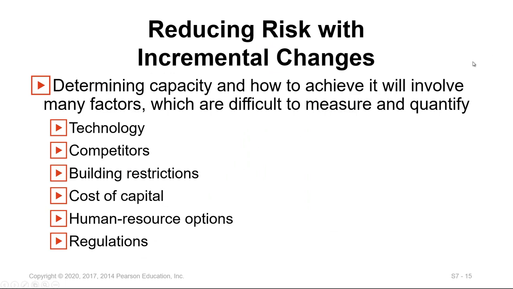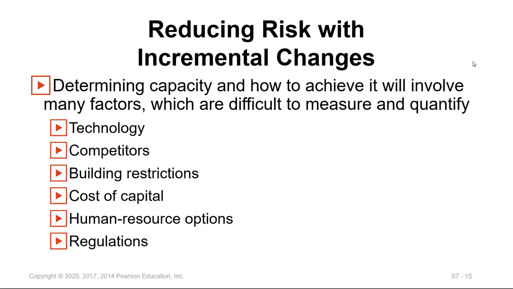To change and achieve the proper capacity that meets customer demand, we have to consider lots of factors. Some of these factors are hard to measure and quantify, such as the technology that will be used to increase capacity, what competitors are doing, and how our company can be better or compete with them. How can we overcome some of the restrictions, especially building restrictions?